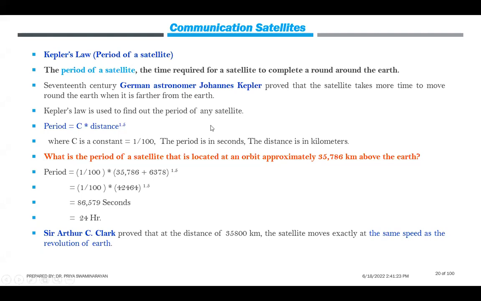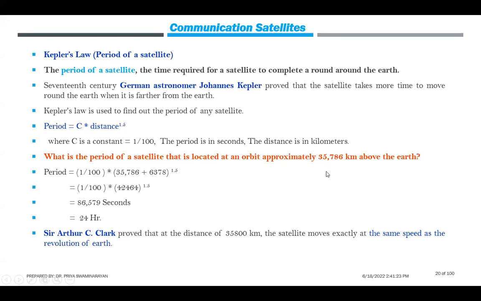Now, suppose we have installed one satellite at a height of 35,786 kilometers above the Earth. How much time does it take to complete a single cycle around the Earth? It can be calculated using this formula. C is the constant, its value is 1/100, into distance.